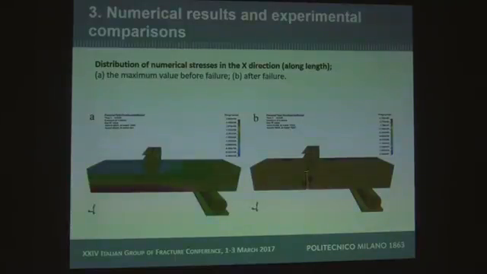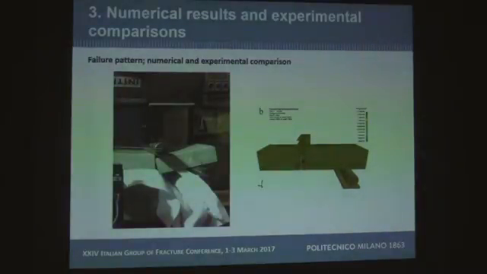And this figure represents the presence of the SPH particles, which means this figure represents the failure pattern, and it can also be compared to the experimental results, where we have the failure just below the compressive rollers due to the contact forces.